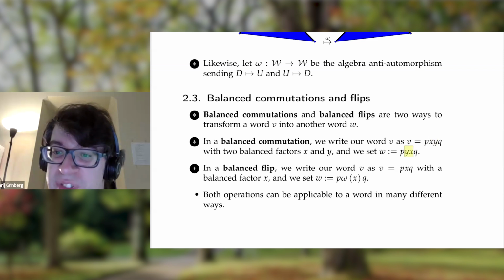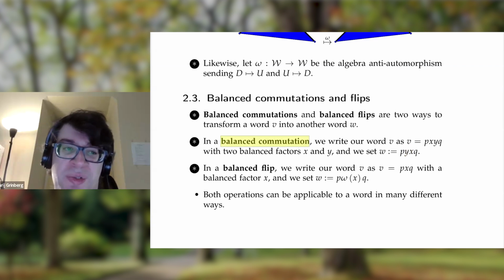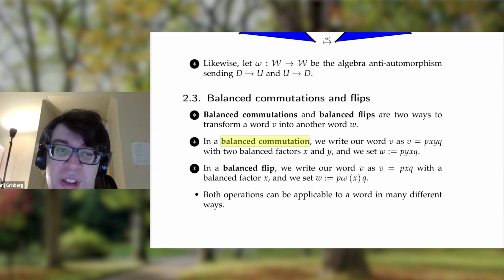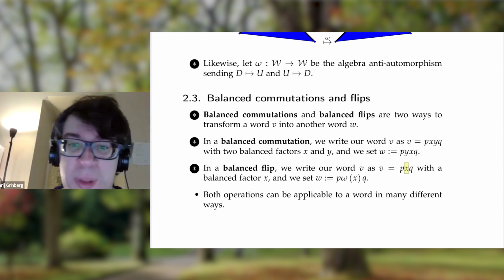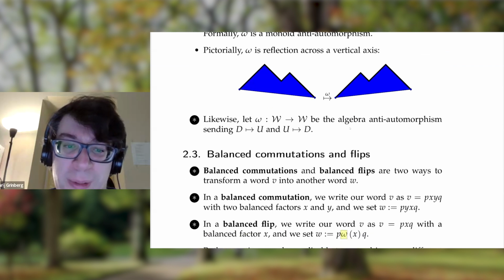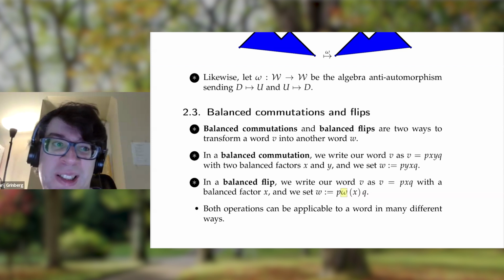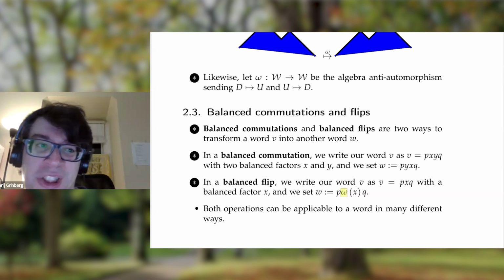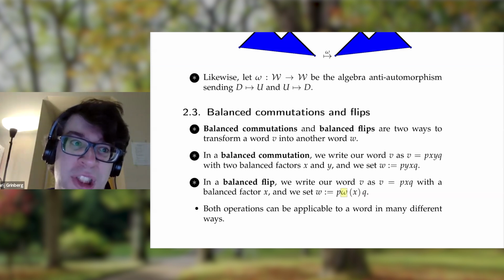And we swap those two balanced factors. So p, y, x, q is the result. That's called a balanced commutation because we commute two balanced factors. In a balanced flip, we pick just one balanced factor somewhere in the word, and we apply omega to it. So this is a kind of vertical reflection, basically. This is like the plactic monoid. You can apply these operations in many places to a given word. They're not deterministic transformations. They're like choices.